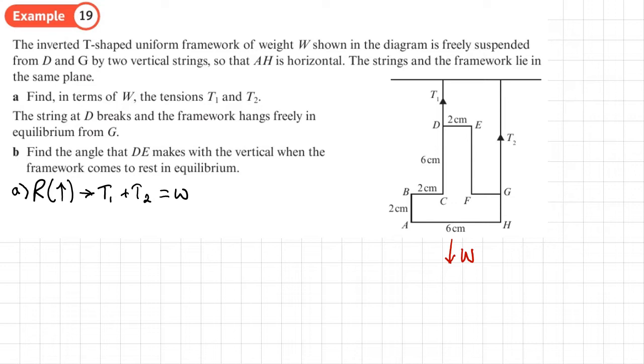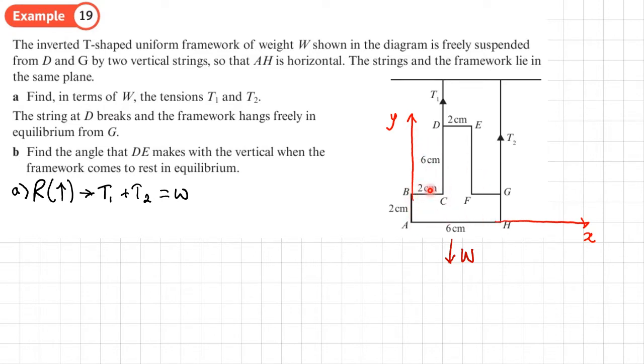Now the next thing we need to do is find the center of mass of the framework so that we can take moments. So we need to put this on some sort of coordinate grid. So what we'll do is put AB on the y-axis and AH on the x-axis so that the origin is at the point A. Now, since this is a symmetrical shape, we can see it's symmetrical.